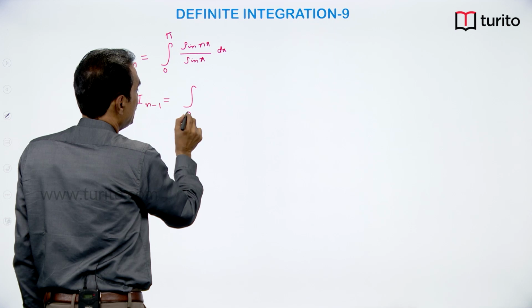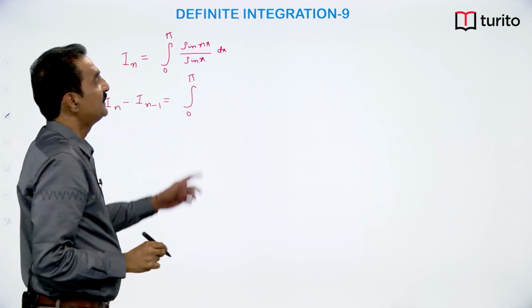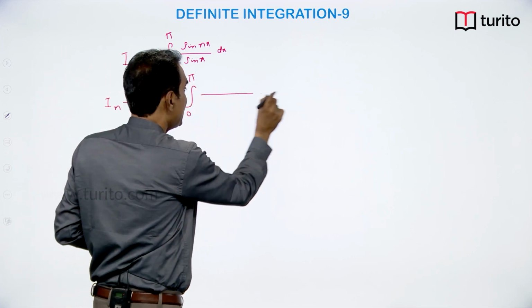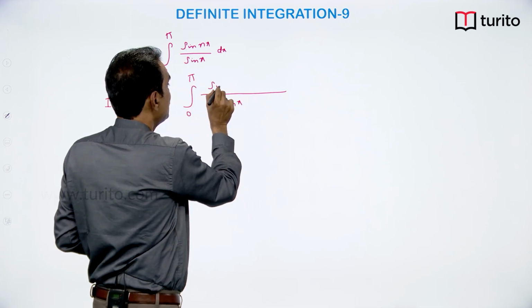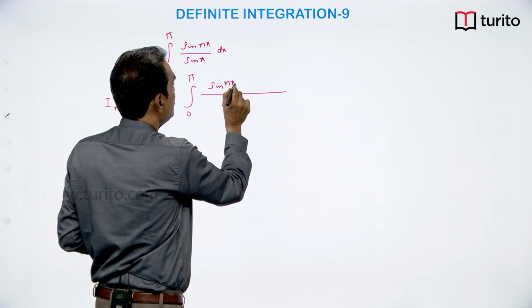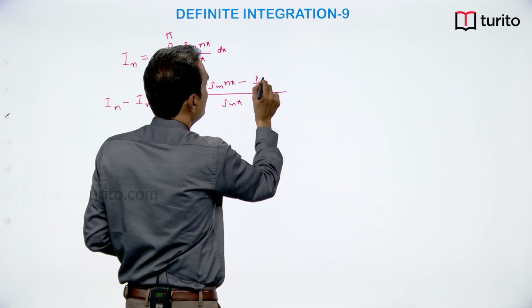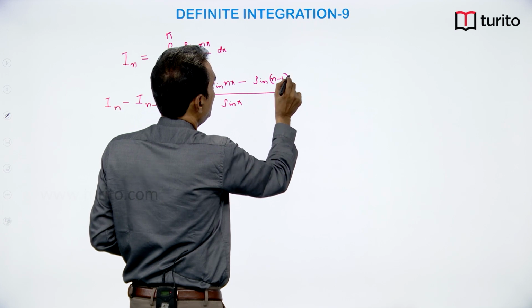It will be integral 0 to pi, denominator is sin x, numerator is sin nx minus sin (n minus 1)x.